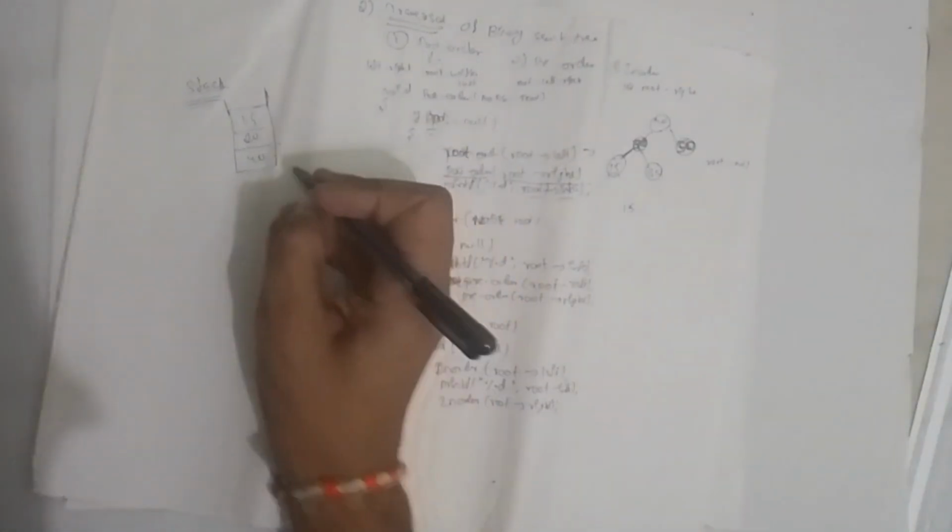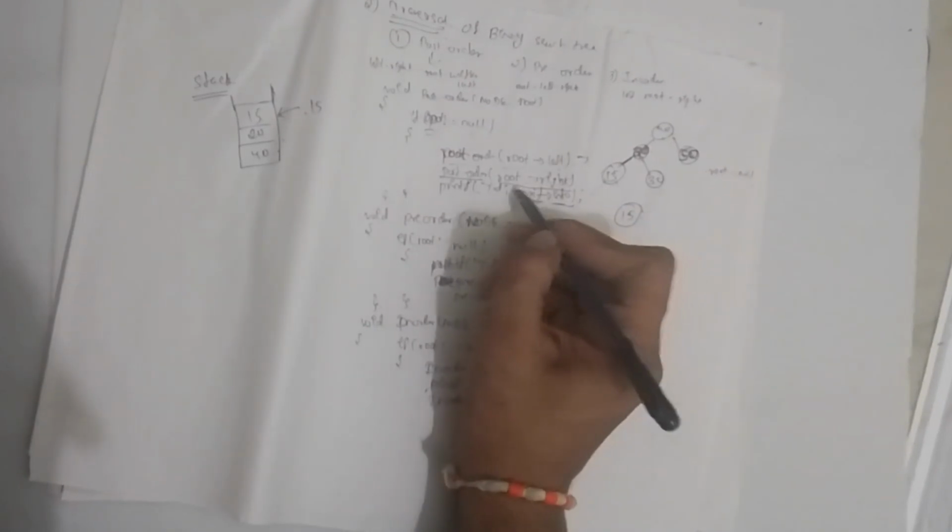There is also no data, so root is equal to null. After this, for 15 it will pop, root info 15, and it will print 15. Next after 15, it again traverses back to the 20 function, the 20th node, and it will traverse to the right side. Again it will print 20.